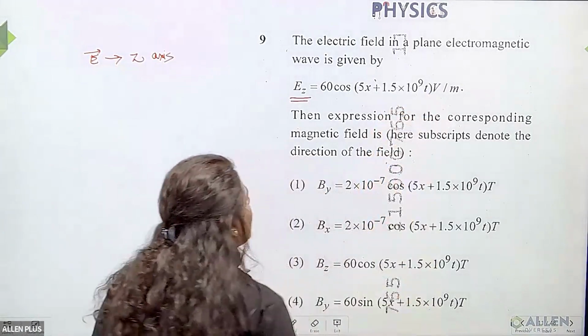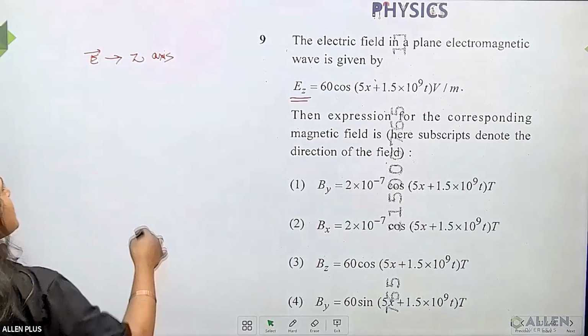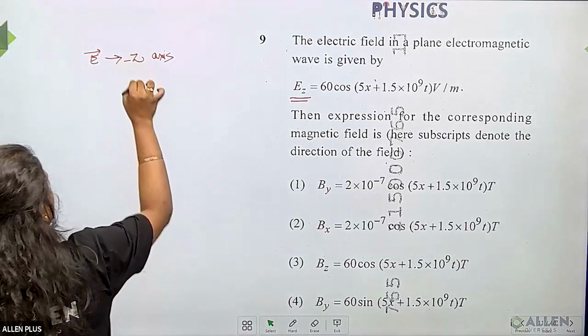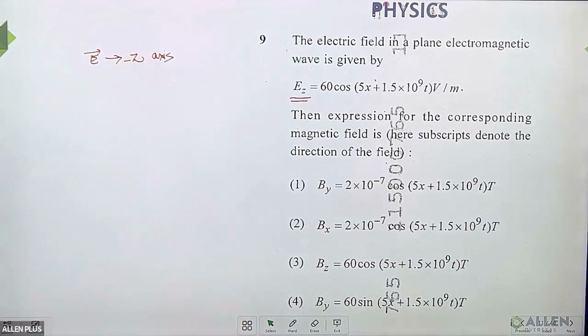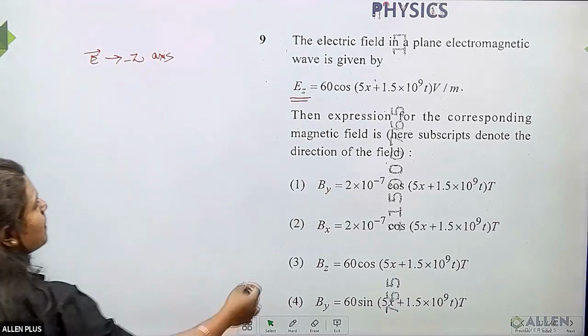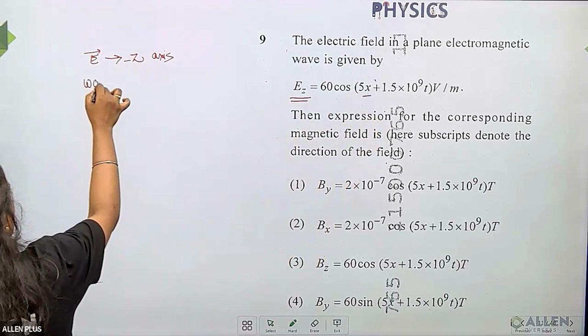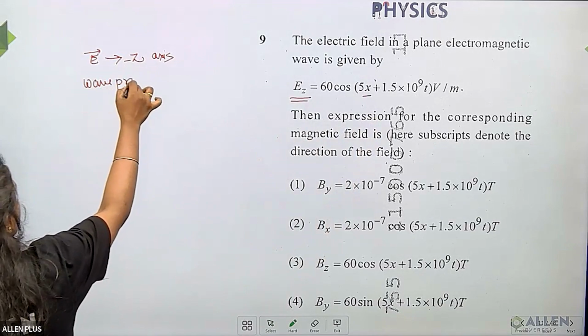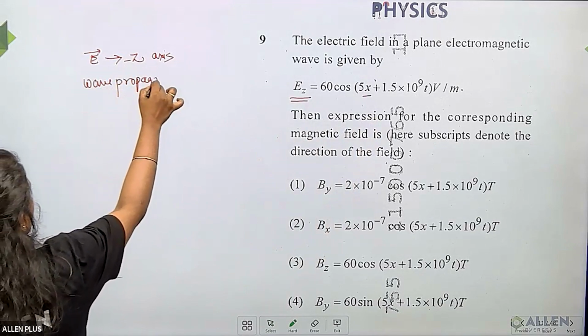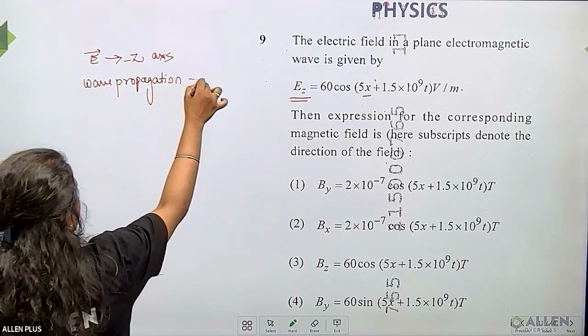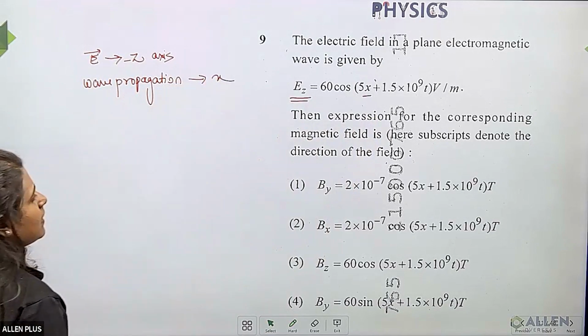X and t both have the same signs, so I can say the electric field is along the minus z direction and the wave propagation is happening in the x direction. The wave propagation is occurring along the x direction.